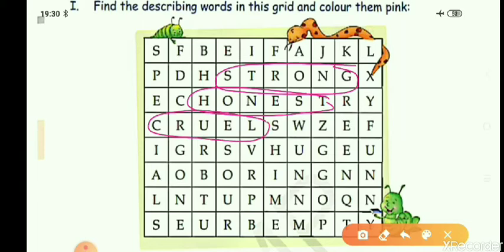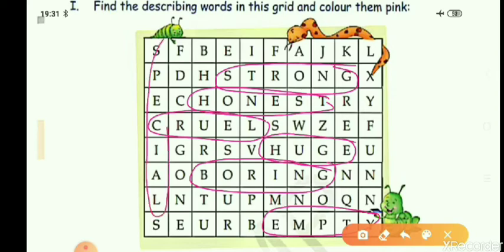Then we have the word huge. Then we have boring. Then we have empty. Okay, so these were the describing words.